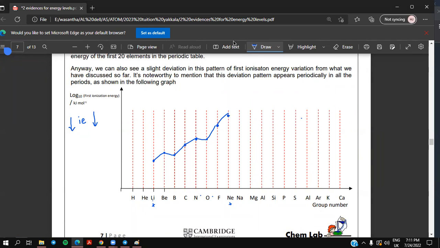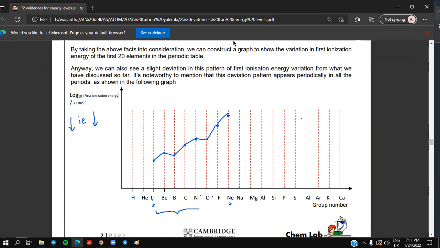Why do I remind you of this again? Because when I go to the next one, this is period 1, this is period 2, and this is period 3. Period 2's first element is lithium. Period 3's first element is sodium.